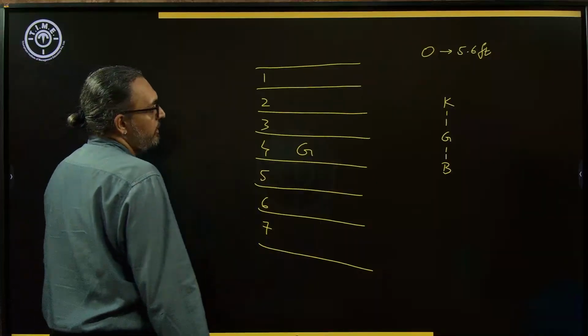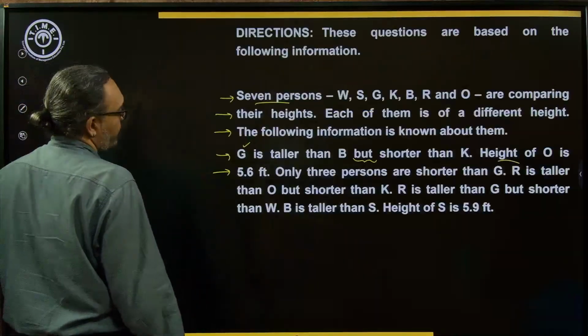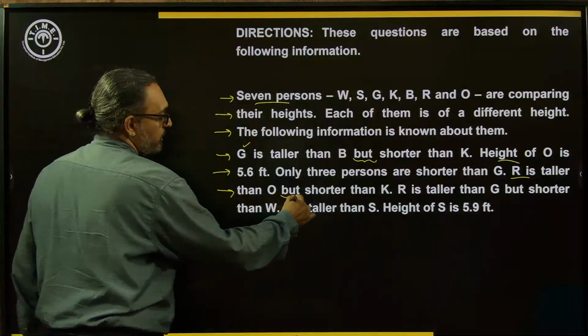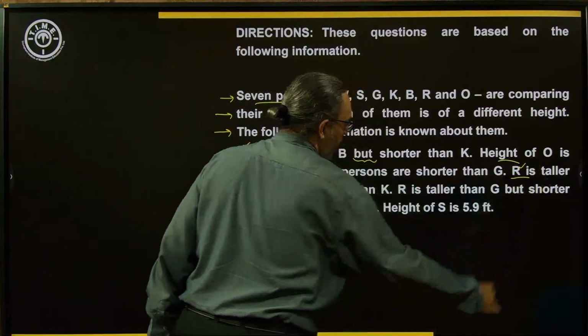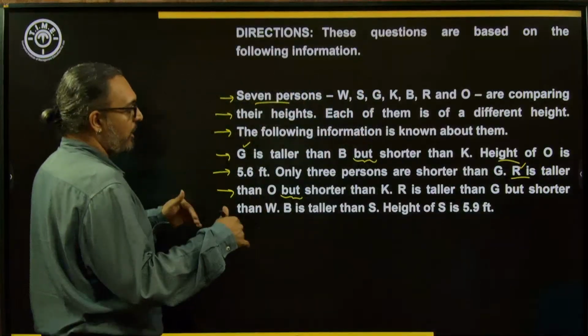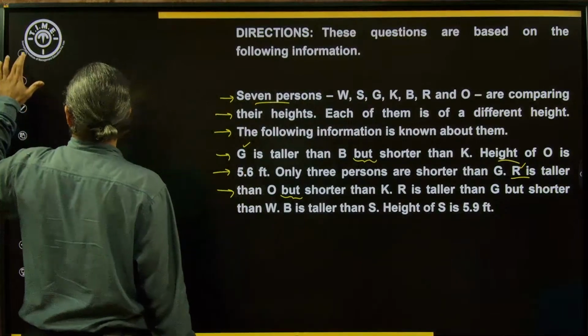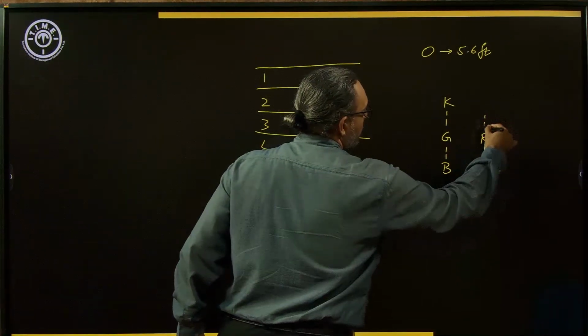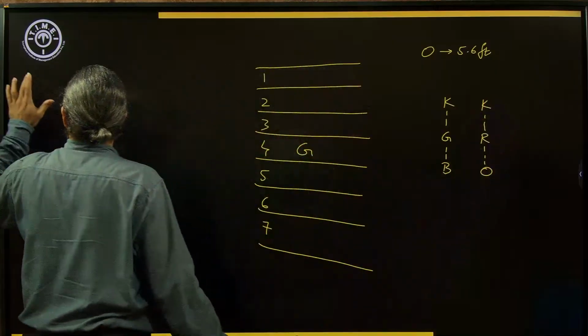Okay. Then further, R is taller than O, but shorter than K. So R is above O, below K. Okay.